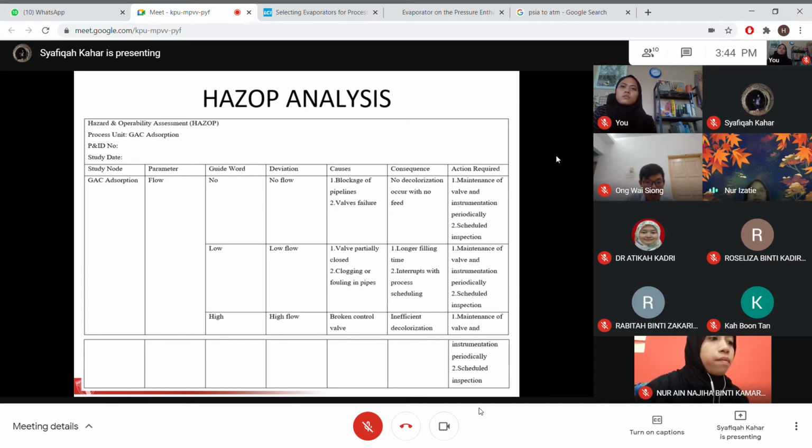For low flow, the causes are a partially closed valve and clogging or fouling in the pipe. The consequences are longer filling time and interruption of process scheduling. For high flow, the cause is a broken control valve and the consequence is inefficient decolorization. And the action required is maintenance of valves and instrumentation periodically and scheduled inspection.